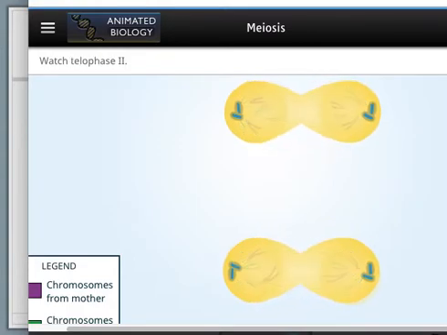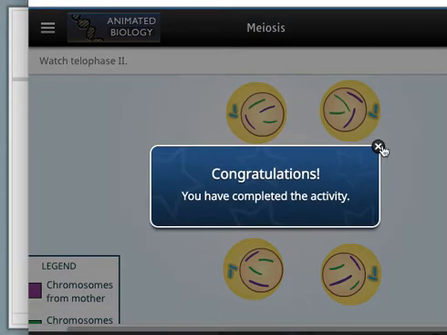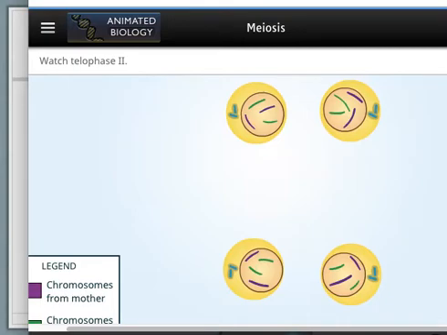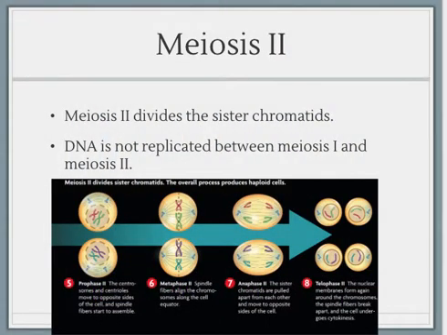And finally, telophase 2, and you get your 4 cells. Each of these is haploid. So if, say, this was a sperm cell, if it were to join up with an egg cell, imaginary egg cell over here, then you'd get 23 from each. All right, so that is a little breakdown of meiosis there.